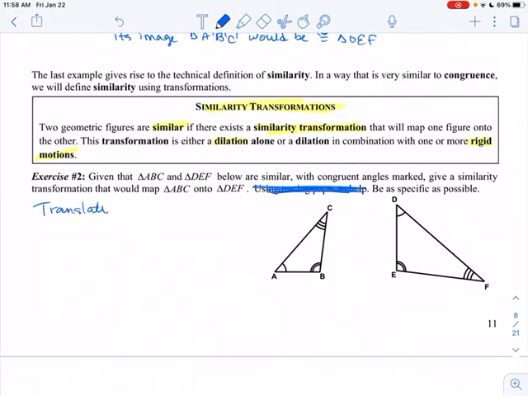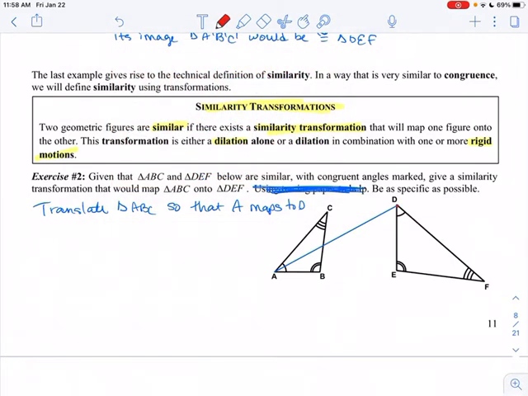So I'm going to translate triangle ABC so that A maps to D. Okay, so I'm going to translate it. A is going to map to D. So now my new triangle is going to be up here.